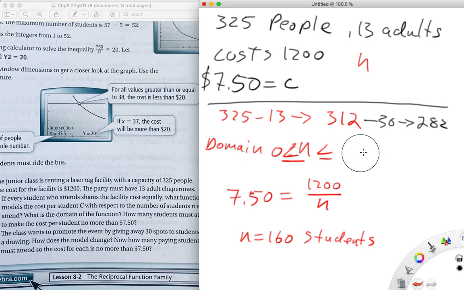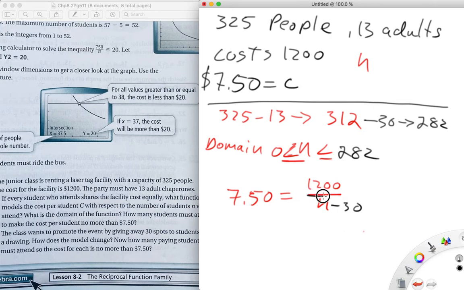All right, so in this case, we have between 0 and 282 students can attend this event. This equation changes because we're giving 30 away out of the 325. We account for that right here. N minus 30. There's 30 tickets that we're going to use, but we're not going to charge for. So we're taking that away. N minus 30.